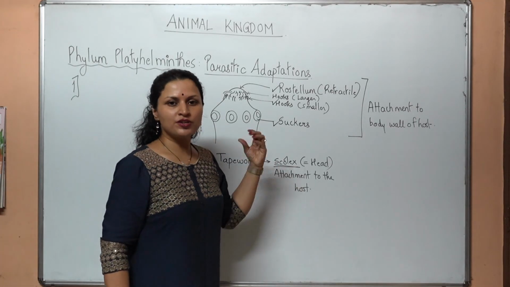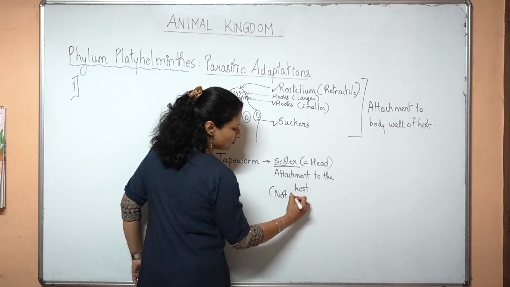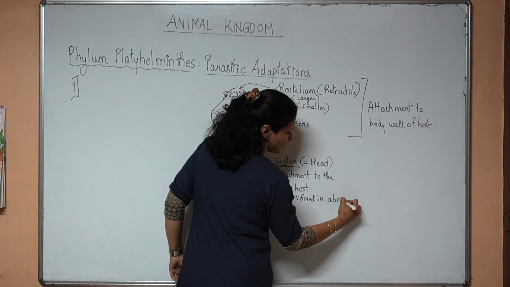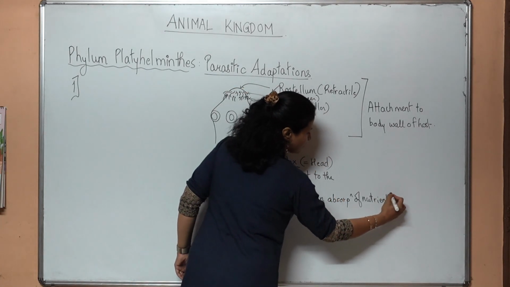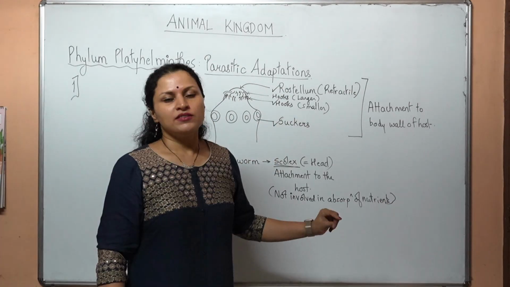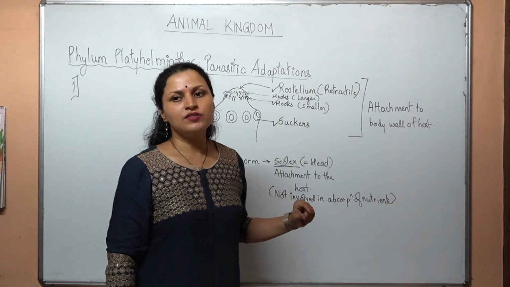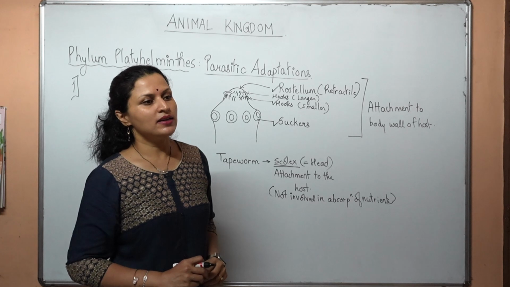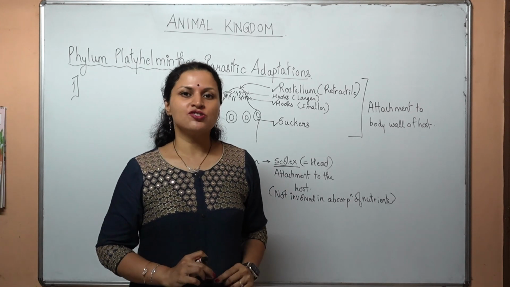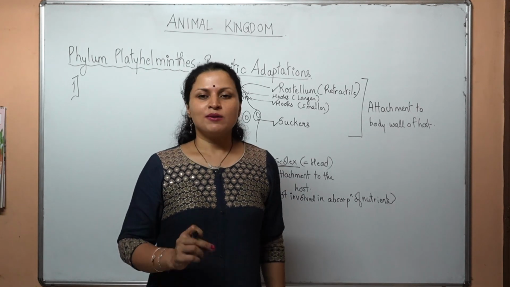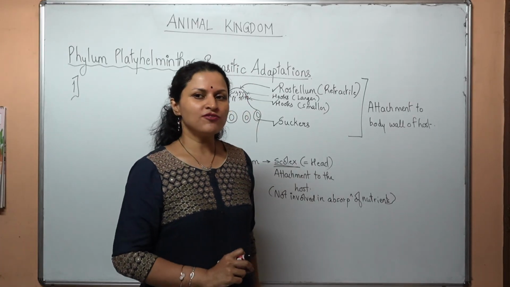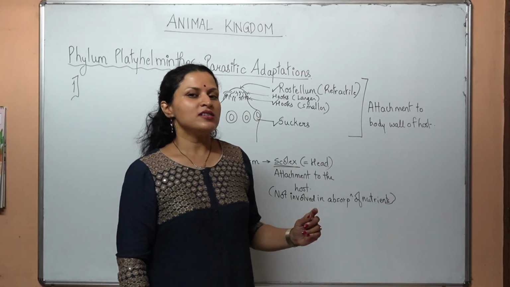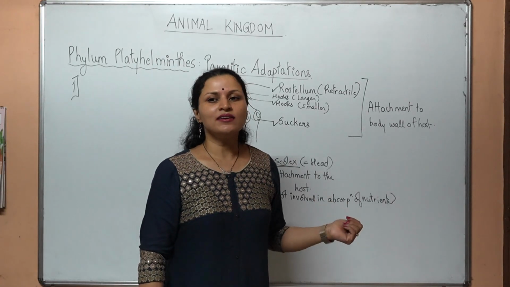Does it absorb nutrients from the scolex? No, the scolex is not involved in absorption of nutrients. So where does it absorb its nutrients? If you remember, the entire body covering of the tapeworm is lined by a thick protective covering called the tegument. This type of tegument is also present in free living forms like planaria, but the one present in planaria is a ciliated tegument.